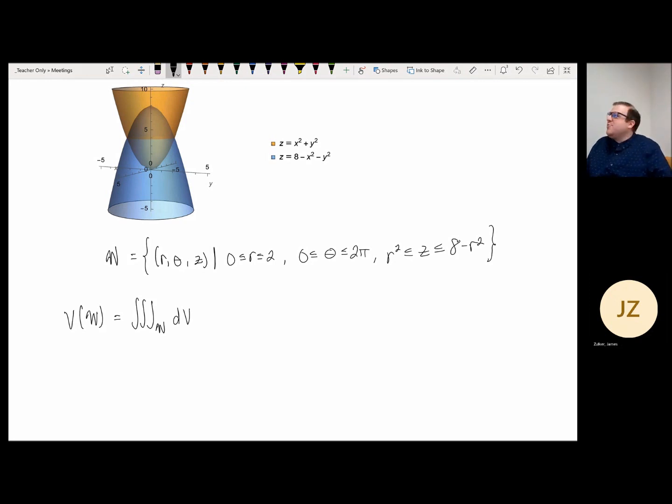Right, so volume is just the integral over the region, and then the volume differential, r dz dr d theta.